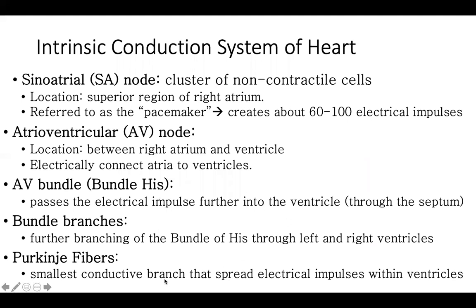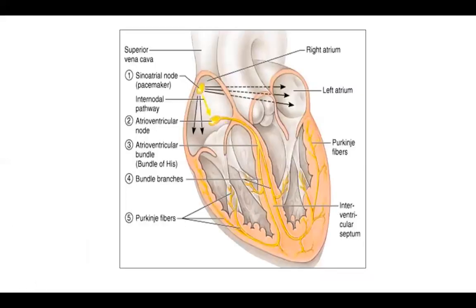The last branching you see, which are the smallest structures within this pathway, are called Purkinje fibers. These allow the electrical impulse to rapidly spread through the ventricles, and you can see them as these much smaller branches in our picture.